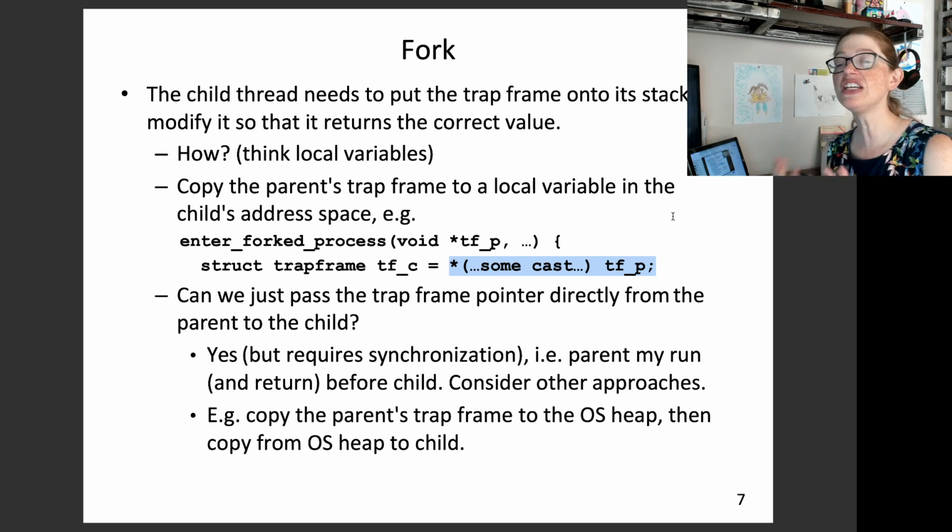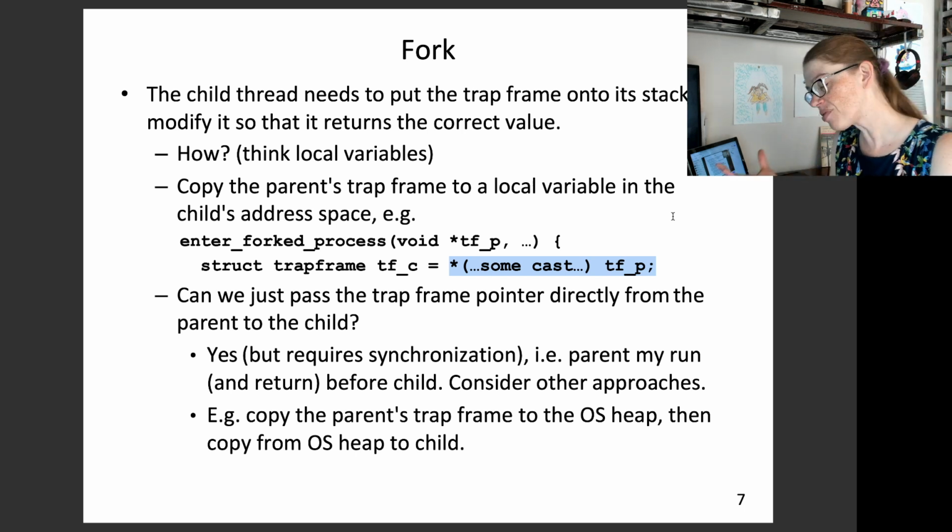So you either need to use some synchronization to force the parent to wait to return from fork until the child process has populated its stack, and I don't recommend that.